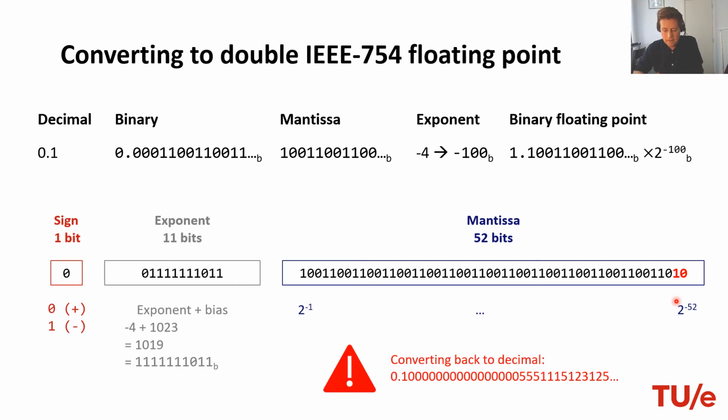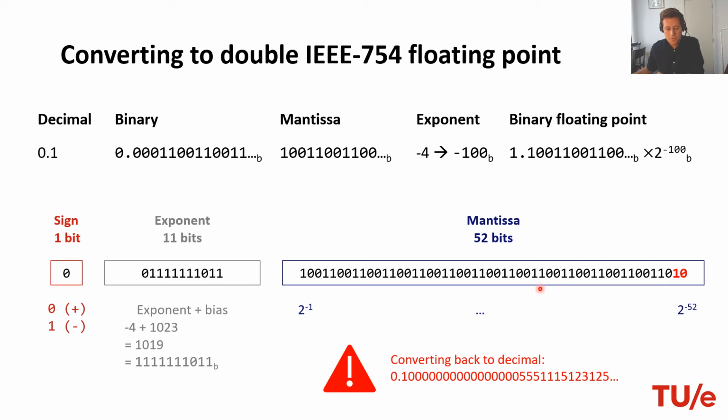Now, this is an important statement to make. If we were to convert this IEEE floating point number back into a decimal number, this is not exactly 0.1. 0.1 cannot exactly be represented in a floating point representation with a finite amount of bits.